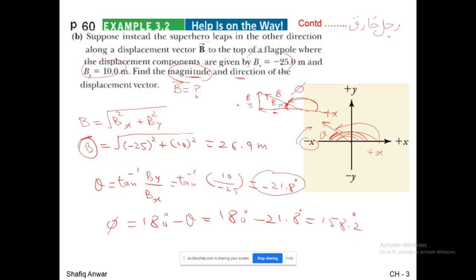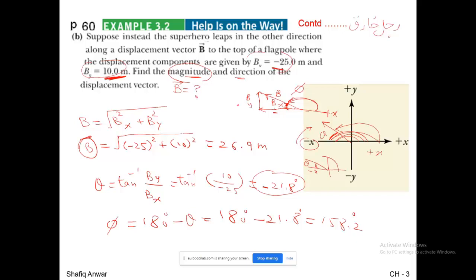How do you get the theta? Tan theta is By over Bx. You have By this. How much Bx? Minus 25. This is what I am using here. You use the calculator, you'll get minus 21.8. Why minus? Because the angle is from the minus x-axis here.